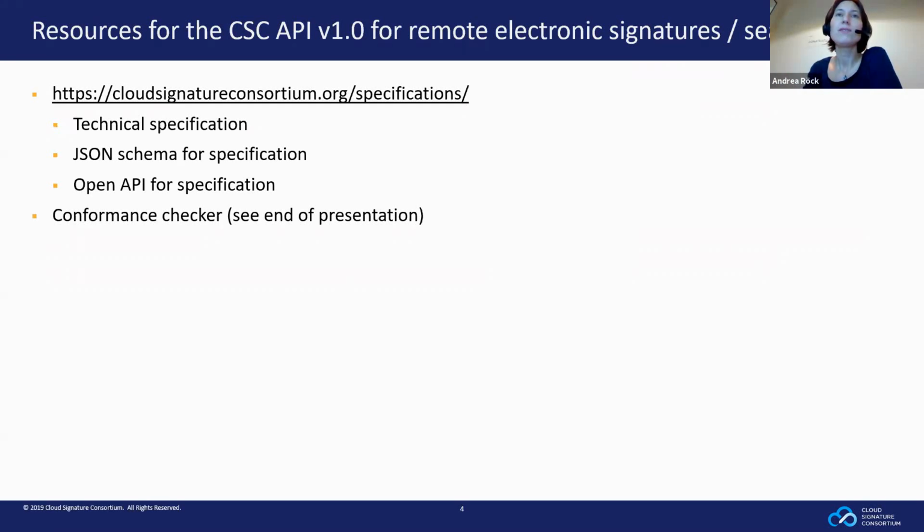There is the technical specification, but also JSON schema for the different types and an OpenAPI specification for the whole API. And now, not on the homepage but on the doc box, there is a conformity checker, which Andrea will present later on, that allows you to check whether an API conforms to the specification or not. That's the available documentation we have.